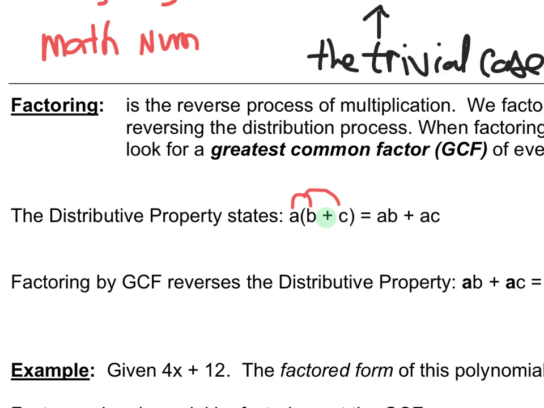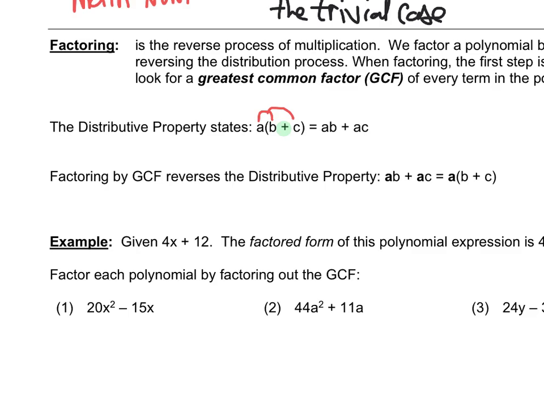It has to be a binomial or better, so it's going to be a polynomial, in order for the distributive property to take place. What we're going to be given now are problems that have already been distributed. We have to undistribute them, so we have to figure out what the expression was in front of the parentheses before it was distributed through. In order to do that, we've got to find the GCF.